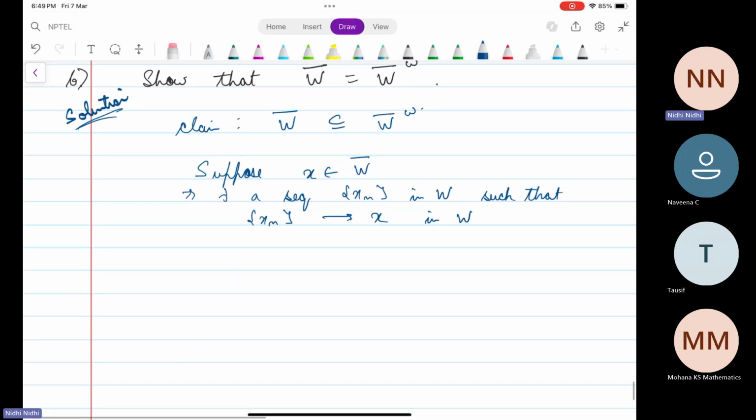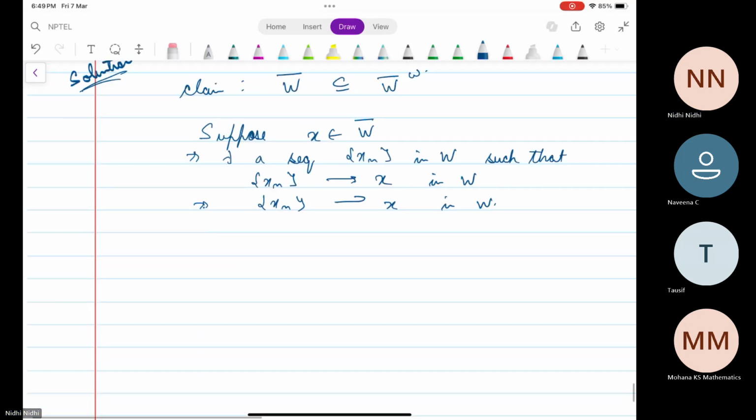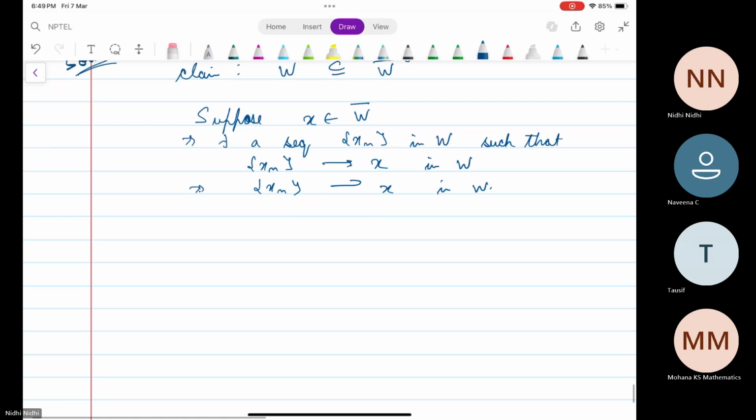And we know that strong convergence implies weak convergence. This implies x_n converges weakly to x. Now, since x_n is a sequence in W, this implies x belongs to the weak closure of W. Therefore, W strong closure is a subset of W weak closure.